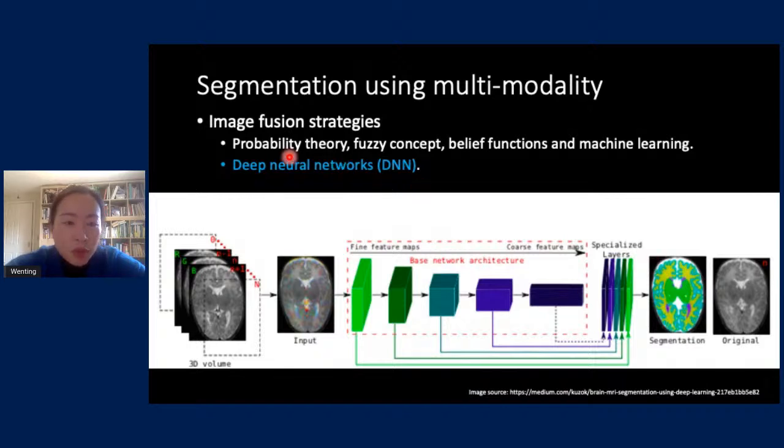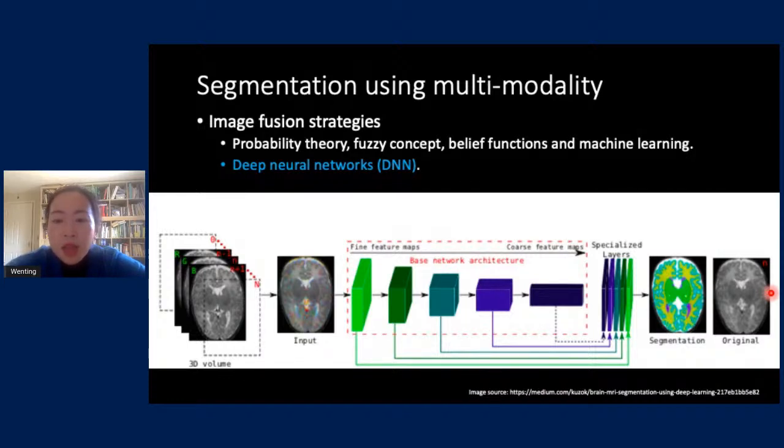So we talk about probability theory, as handled by shallow models. Then these deep neural networks are able to provide deeper layers to extract these complicated patterns associated with the big data that is available to us.